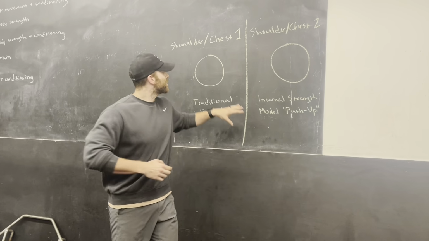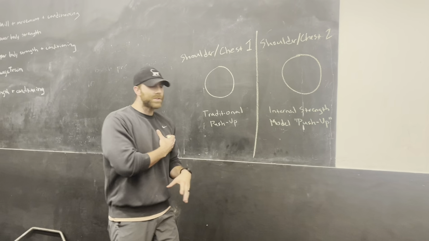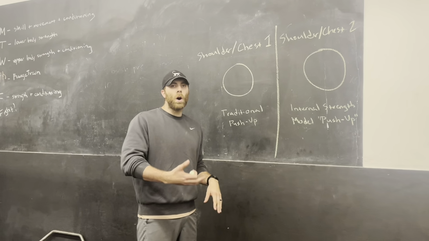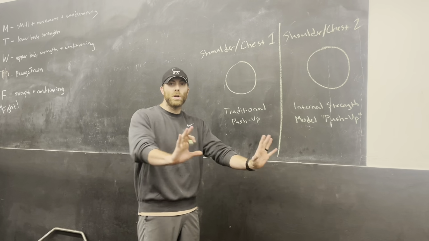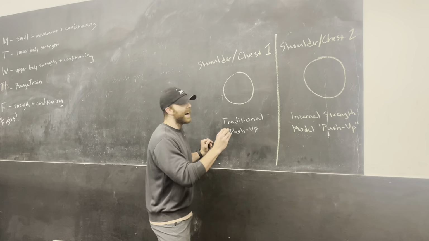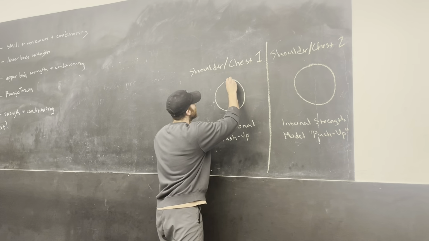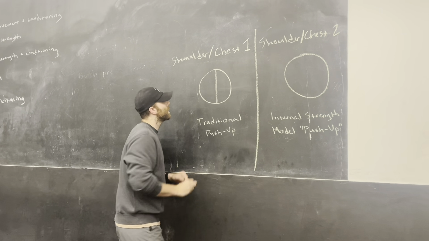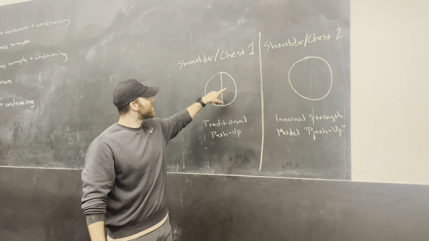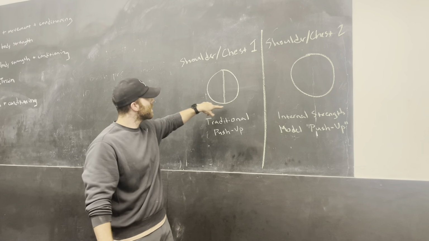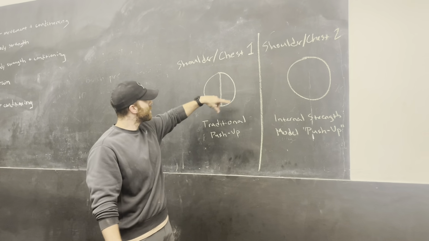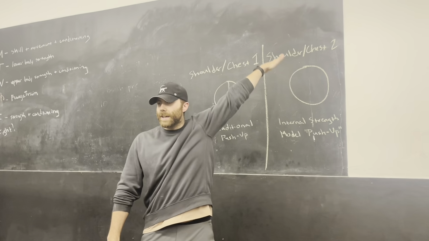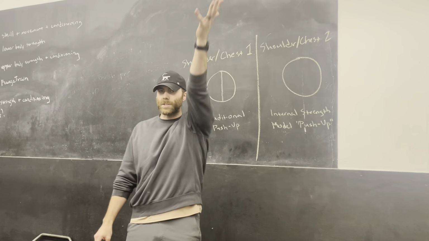So if I load a shoulder or a chest muscle with traditional push-ups, and that's the only variation of push-up that I give it, I'm going to load a single line of tissue. For me to load the entire zone of available tissue, I would have to find a way to take my shoulder through the entirety of its range of motion.